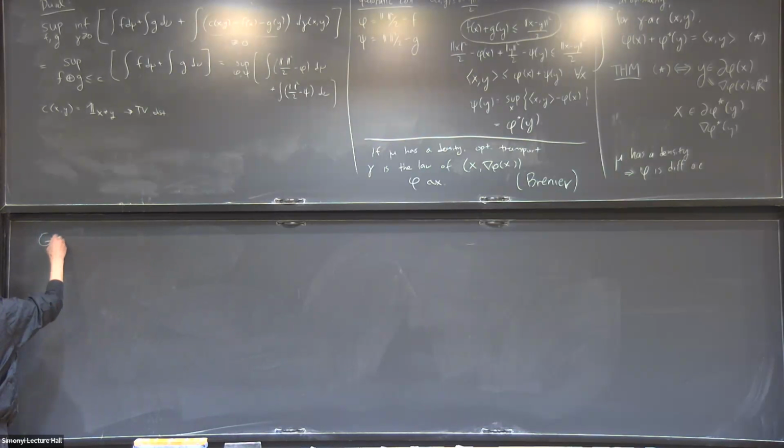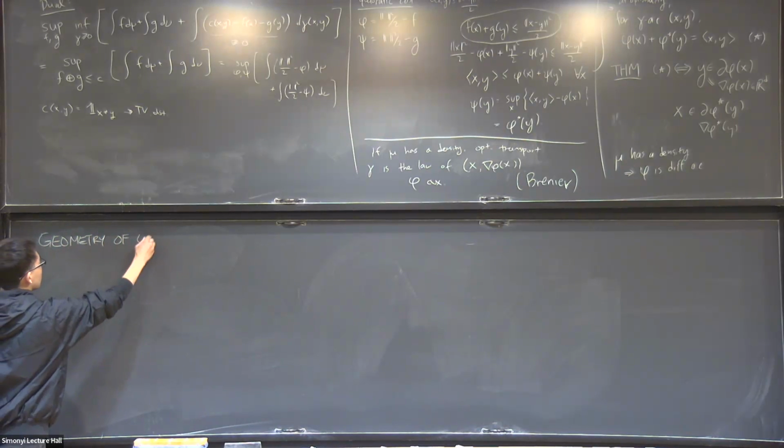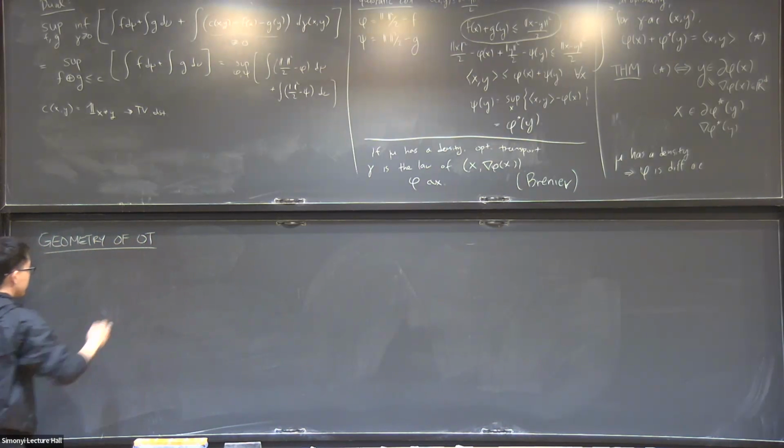So the next part will be about the geometry of this optimal transport problem. What I described up there is what's called the static optimal transport problem, because you have the mass at the start, you have the mass at the end, you know where the mass at the beginning will go, but it doesn't tell you how the mass should be moved.